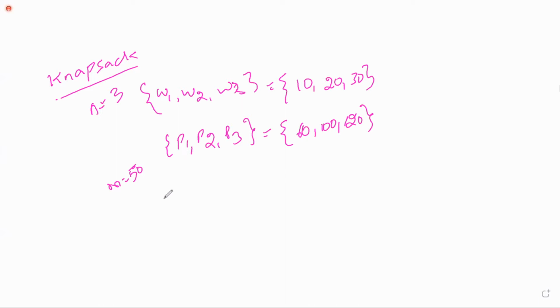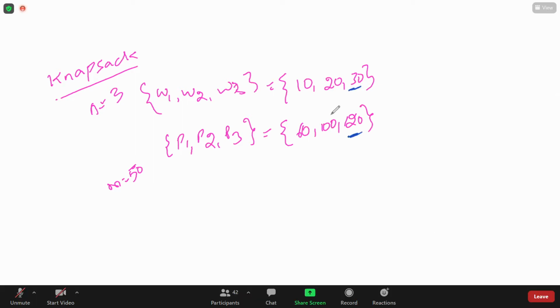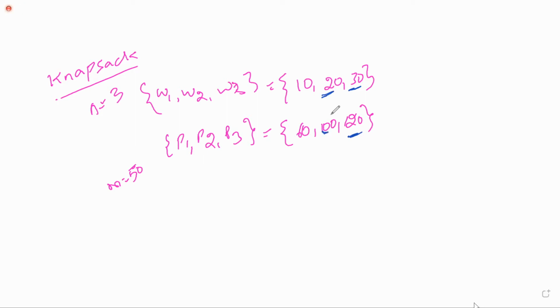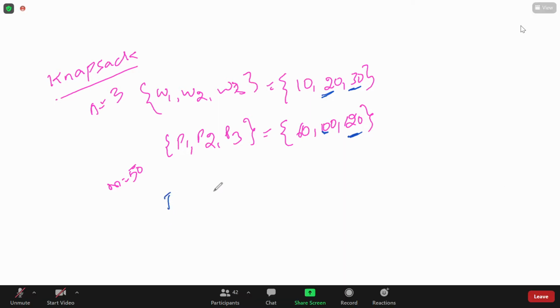If I sell 20 kgs, then I'll get a profit of 100. If I sell 10 kgs, I'll get a profit of 60. Now we will check. First, you have to find Pi by Wi.